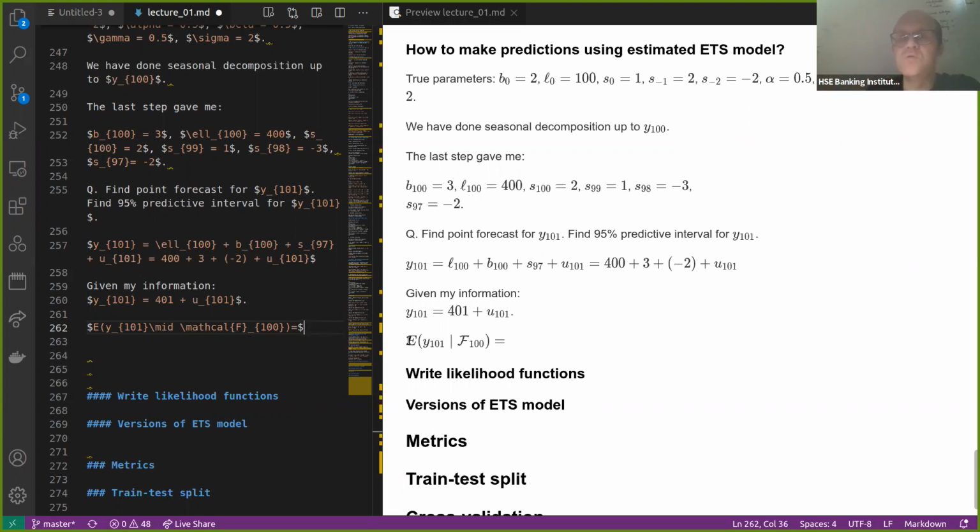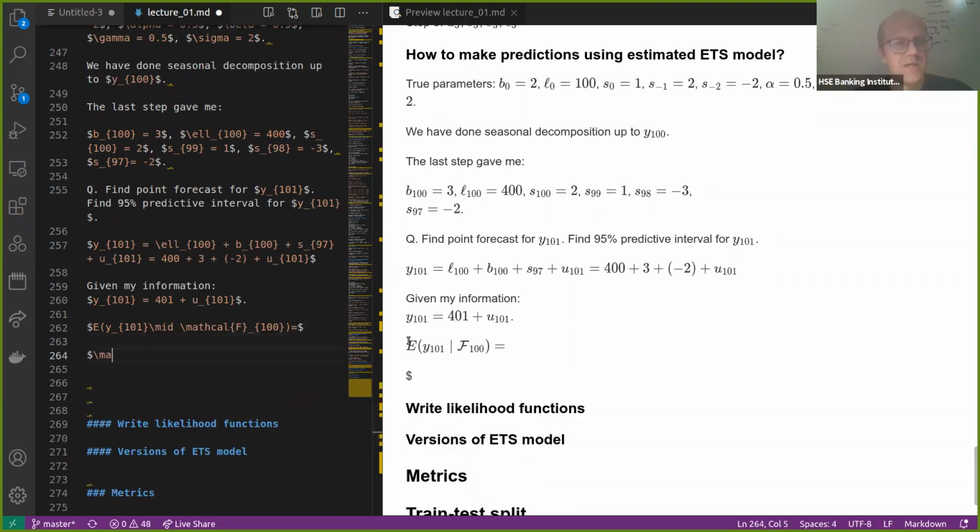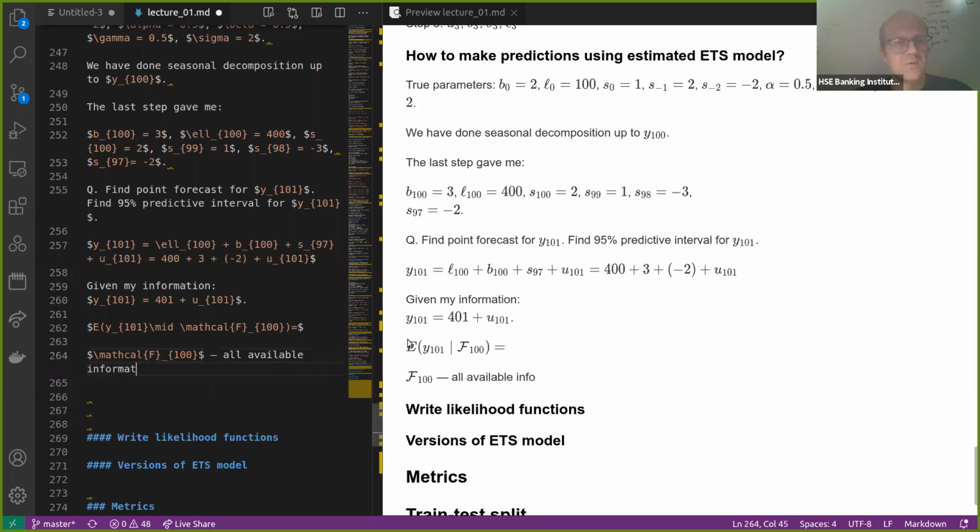That means I have plugged in all B previous, all S, S100, S99, B100, B99. I have used all available. So what do I mean? Calligraphic F100 is just all available information up to time 100.